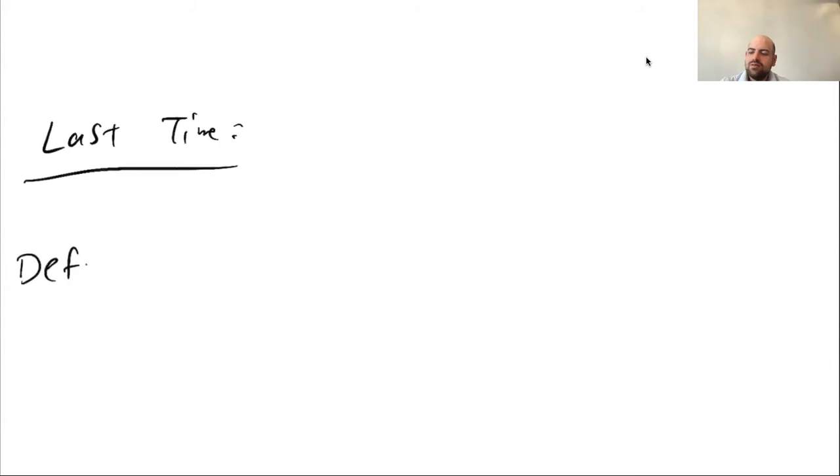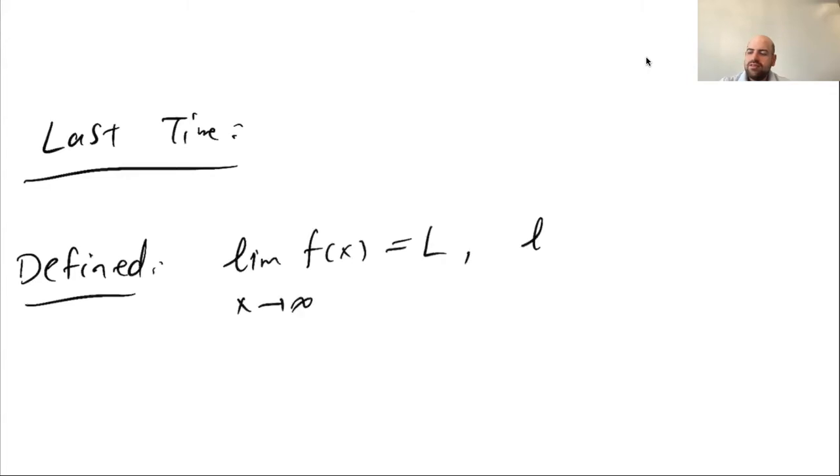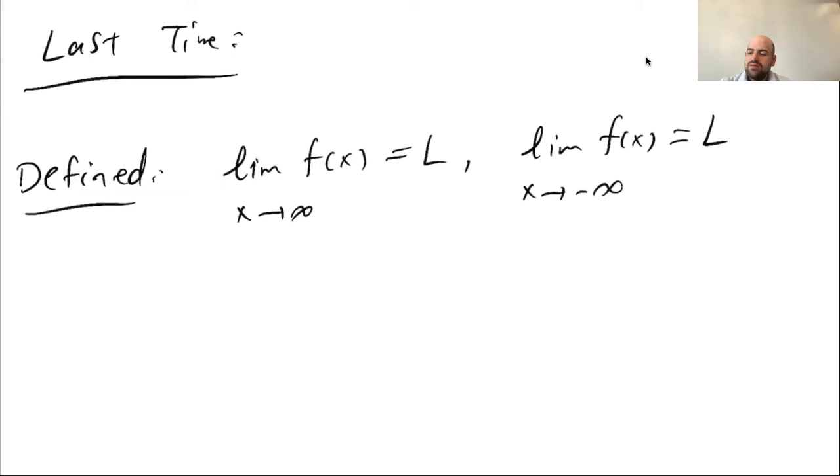Hello, everyone. So last time we looked at the concept of limits at infinity. So we defined basically, limit f of x as x approaches infinity equals L, and limit f of x as x approaches minus infinity equals L. And we call them end behavior of a function.